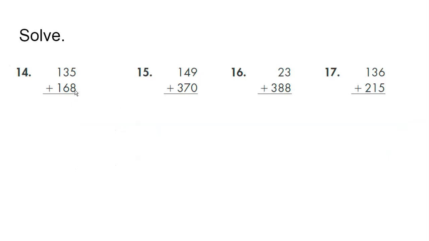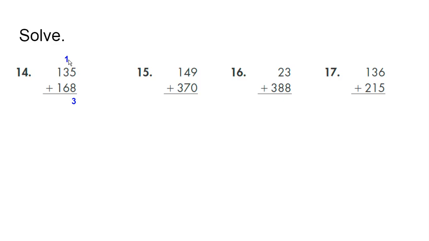Put the bigger number in your head and count on. It's 13. I can't put 13 in the ones column, right? So I'm going to put my ones in the ones place, and then I have to regroup, so I'm going to bring my group of 10 from 13 up to the tens place.